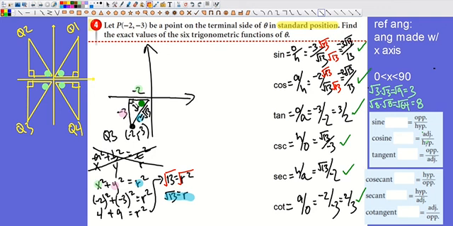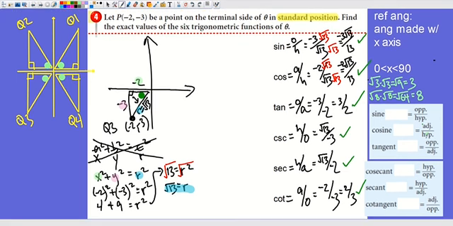Remember, -2 is the x value, so that's why it goes in the left-right direction. -3 is the y value, that's why it goes in the up-down direction. Then I go back to 8th grade and use the Pythagorean theorem, except right now I'm going to use x squared plus y squared is r squared, same idea.